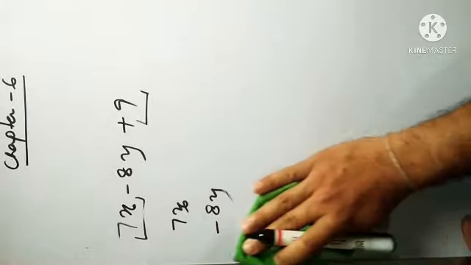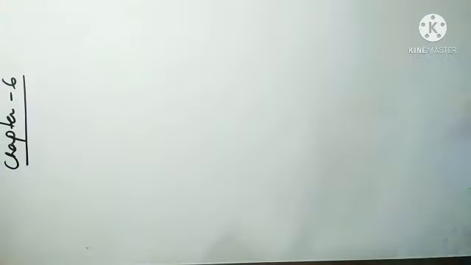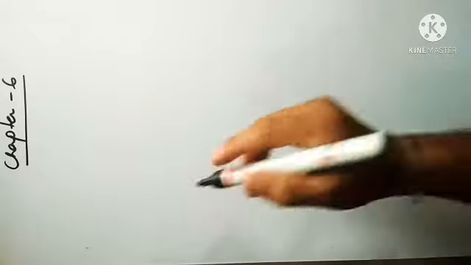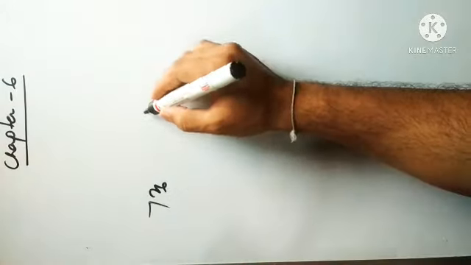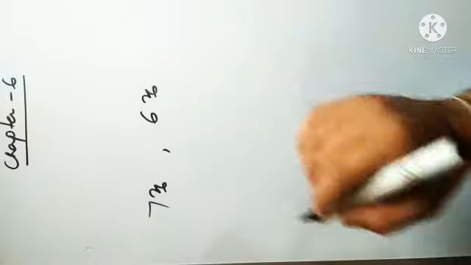After this, let us remind like terms and unlike terms. Let me write any 2 terms here: 7x and 6x. Are these 2 terms like or unlike? In the case of like terms, we have to compare their variables.